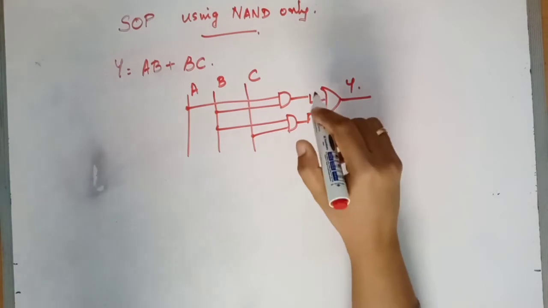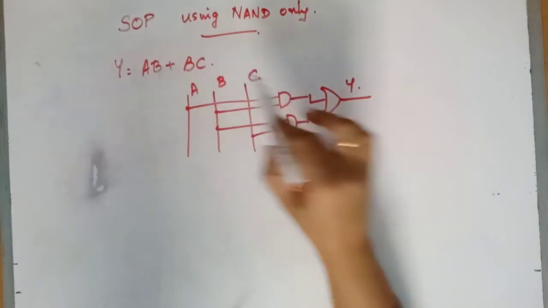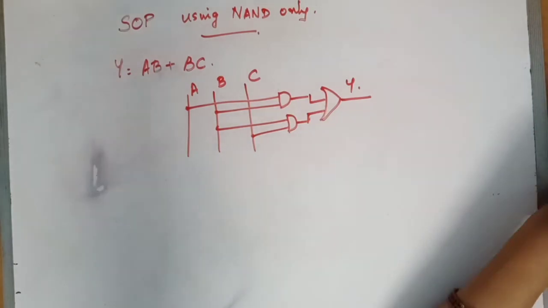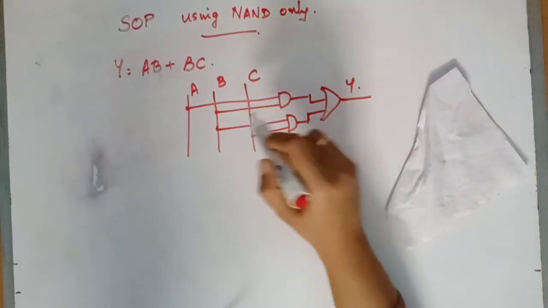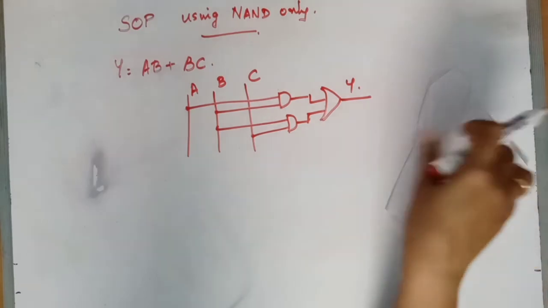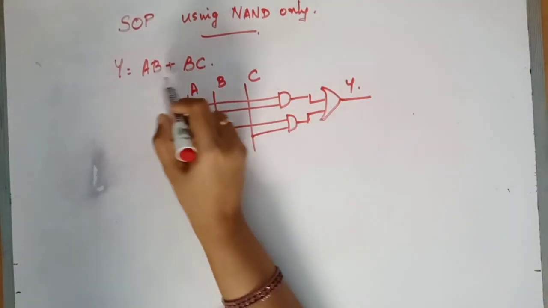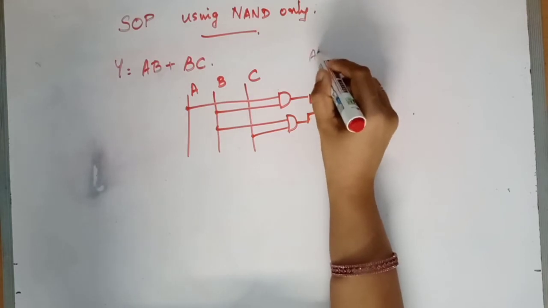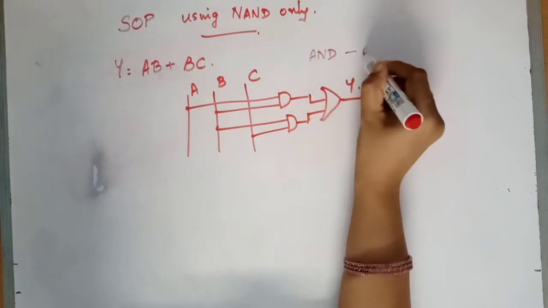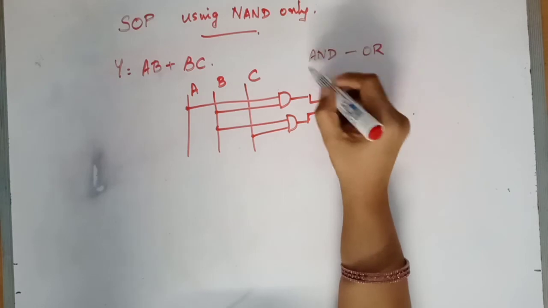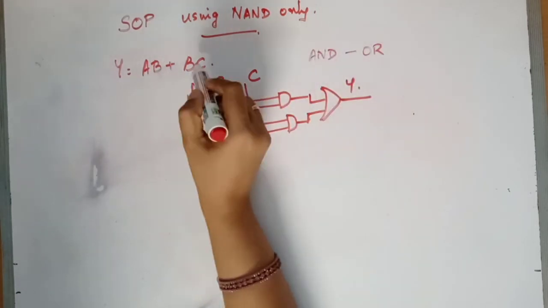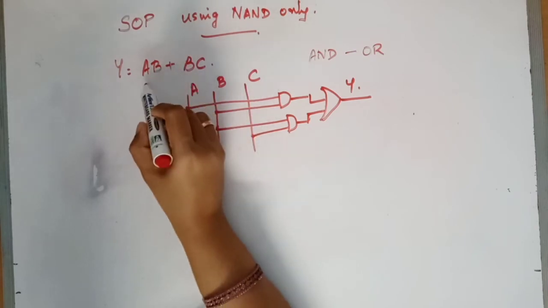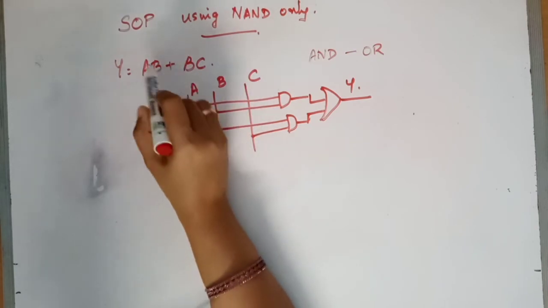So suppose your question is like, express this equation using NAND only. Then you can't use AND and OR. SOP is always in the form of AND followed by OR. AND gives you the product and OR gives you the sum, that is sum of products.